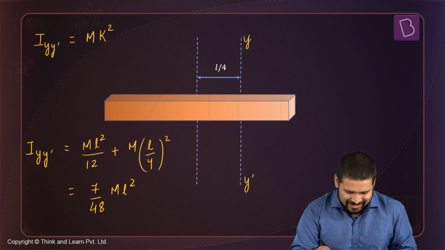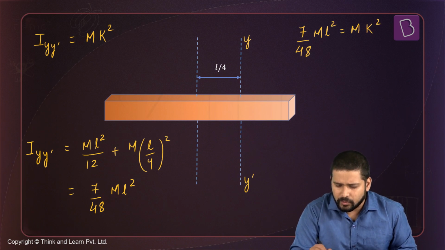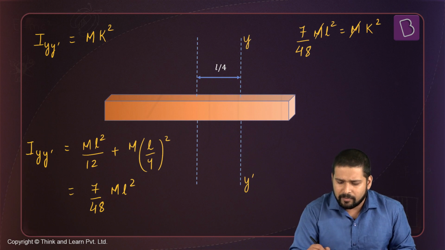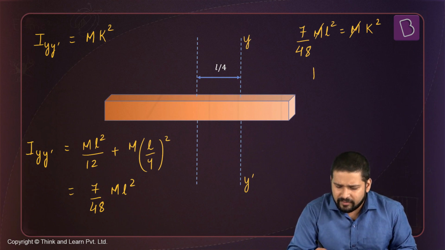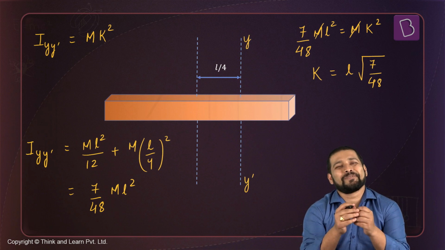So let's do that. So we have got 7 by 48 ml square is equal to mk square. I can cancel off this m and m, and we get the value of k equals to L root over of 7 by 48. And that's the answer to this question.